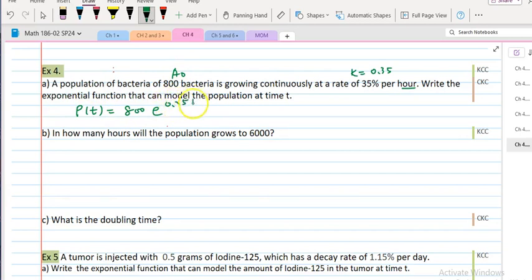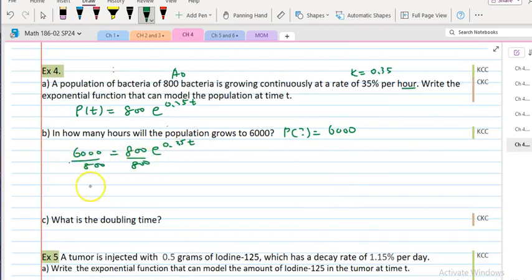That is the population. How long would it take to grow to 6,000? That means P of t equals 6,000. So I'm going to plug in 6,000 on this side, and this would be 800 e to the 0.35t.